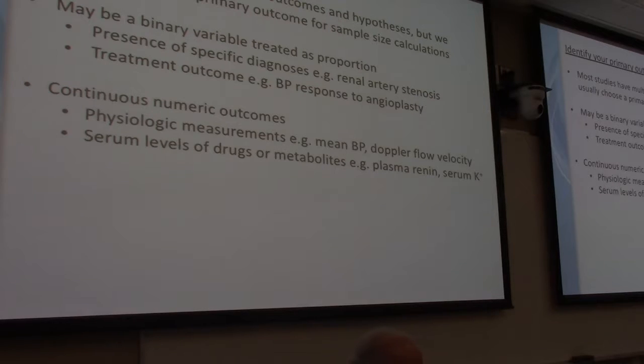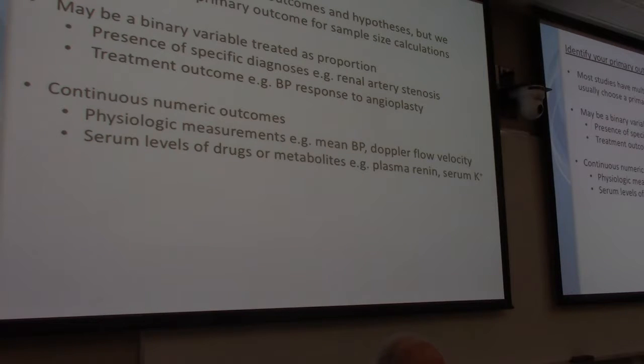Do these children have renal artery stenosis, yes or no? Did they respond to treatment with angioplasty, yes or no? Or it can be continuous. What's their mean blood pressure? What's the Doppler flow velocity in the renal artery in the stenotic segment? What's their plasma renin activity? What's their serum potassium? These are continuous measures.